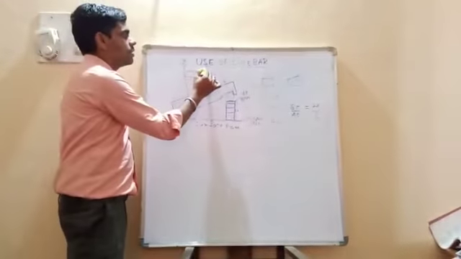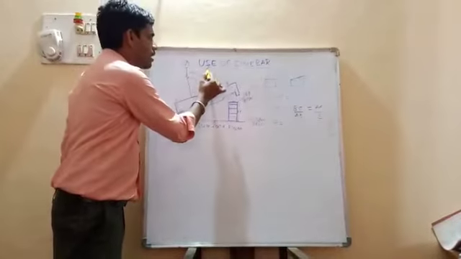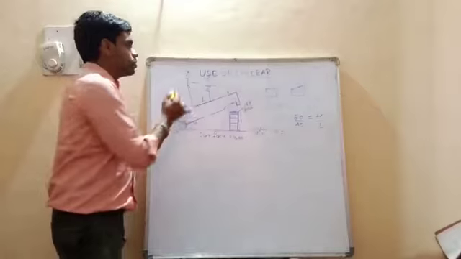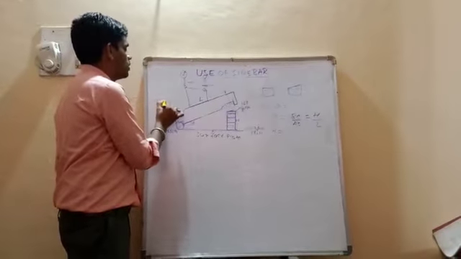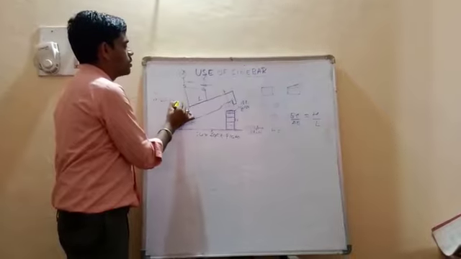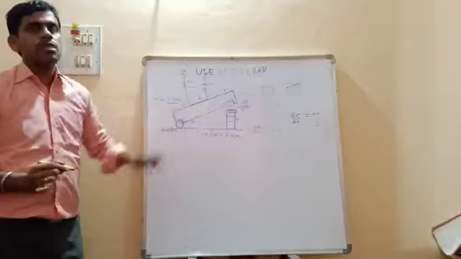Suppose the dial indicator reading is 0 and we move the dial indicator towards the other end. If we get a 0.1 or 0.2 mm difference, this is the height by which we have to adjust the slip gauge.